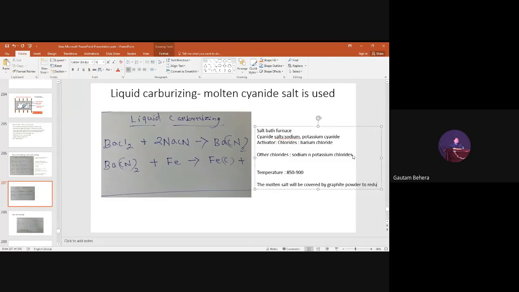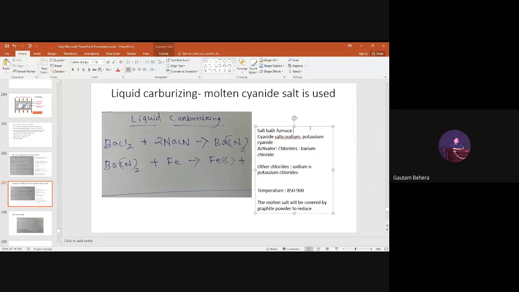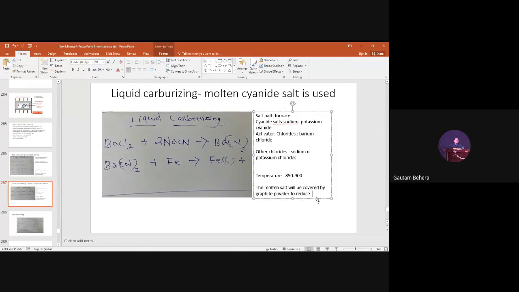Why? To reduce the heat losses, obviously, to reduce radiation losses, and to prevent excessive decomposition of salt.